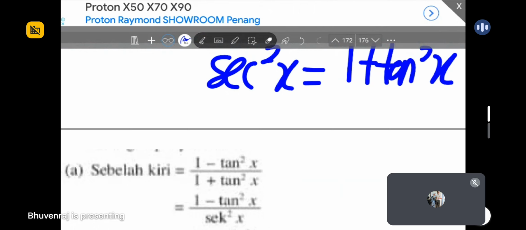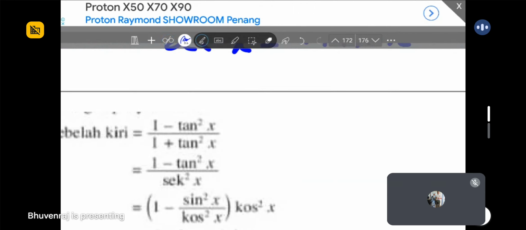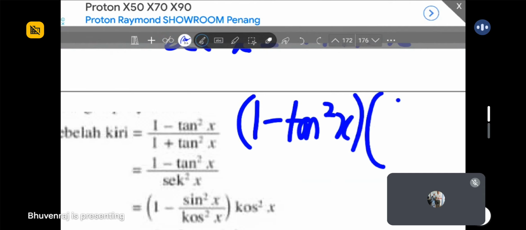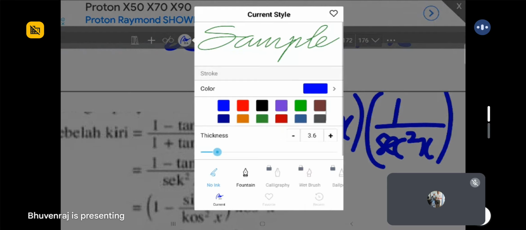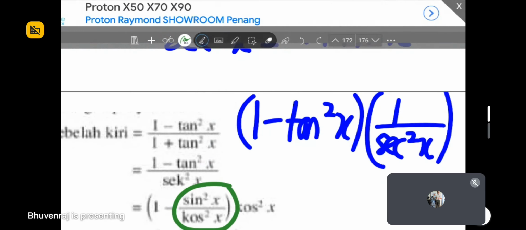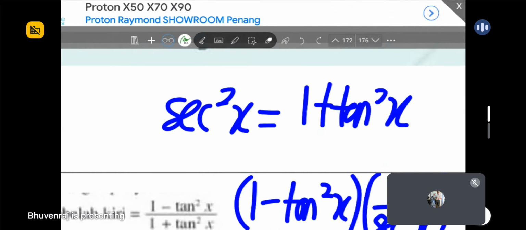Now is the interesting part, guys. You must try to think and see how to break this down. You can write it as 1 minus tangent square x and also 1 over secant square x. Tangent square x, I can write as sine over cos. And 1 over secant square x, I can write as cos square x. Why do I do like this?